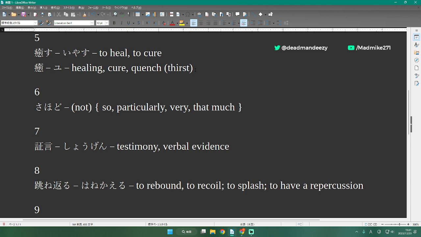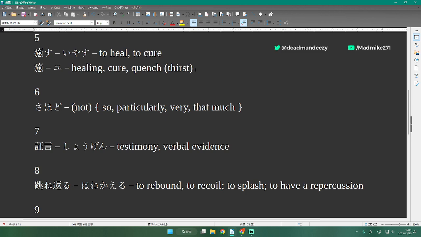Iyasu. Iyasu is healing, curing, or quenching thirst. It's quenching, healing, or curing, showing superiority over sickness.